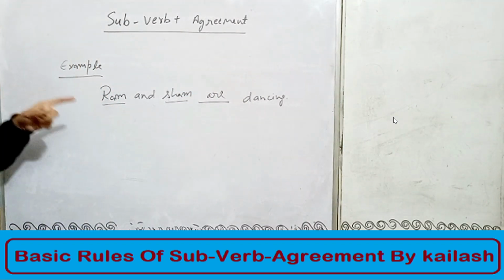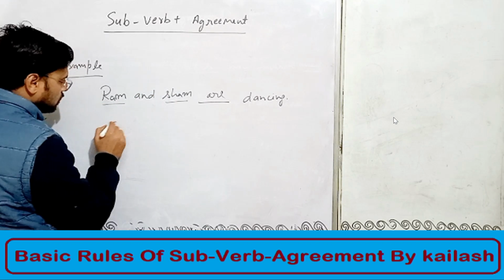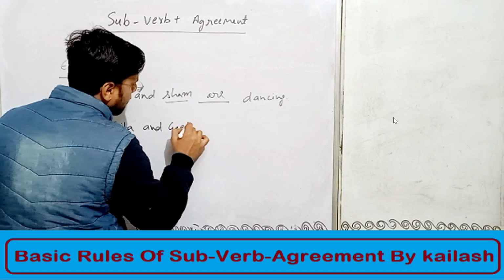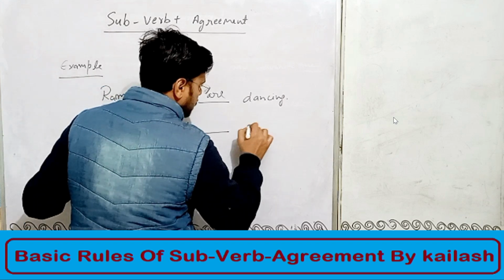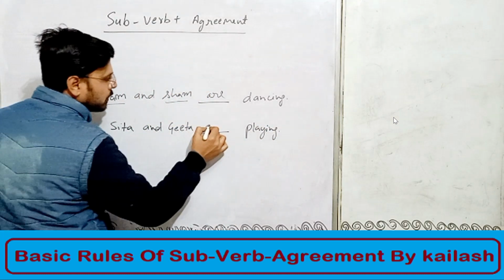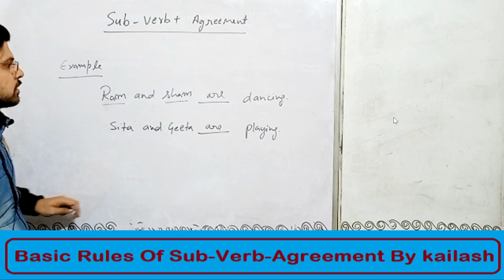Okay, more example. Sita and Geeta dash playing. Sita and Geeta are playing because Sita and Geeta are two different persons.